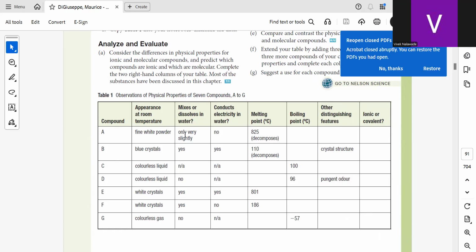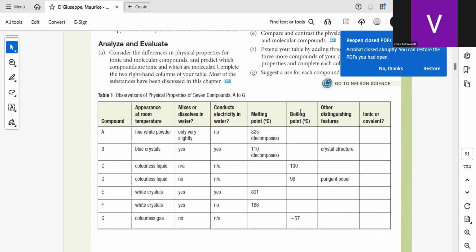For the boiling point and melting point, how am I supposed to get that? Okay, so just mention high or low here, because you just need to understand whether it is ionic or covalent. Based on the information available, you will just mention it. If the melting point is high, the boiling point will be high.